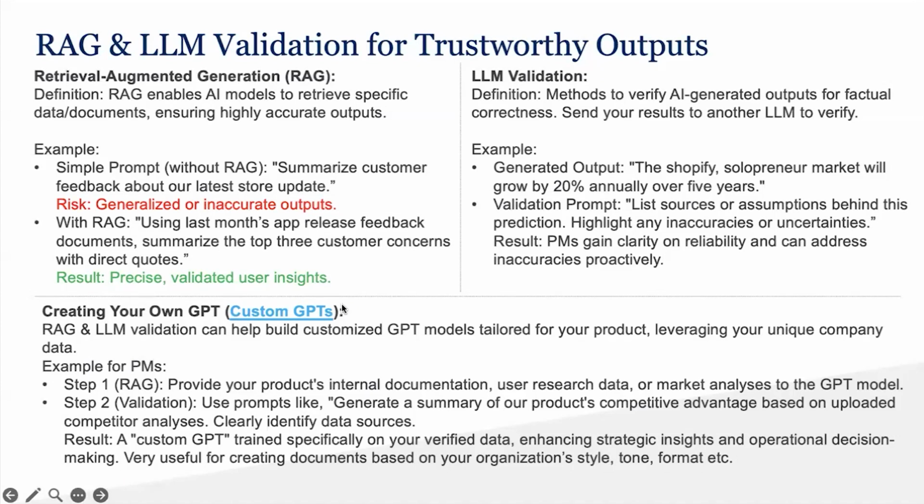Okay, so now that we've gone through both RAG and LLM validation, how do you put it to work? The easiest way, if you don't have the technical capabilities or the infrastructure you need to create your own RAG mechanisms, is use something like a custom GPT, right? So you can go to ChatGPT and you can create your own GPT. What is that?